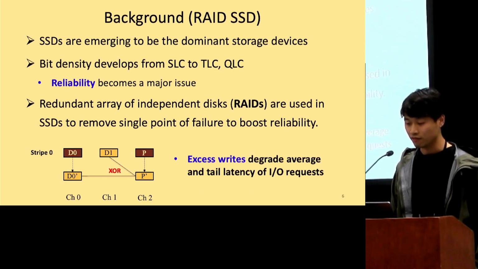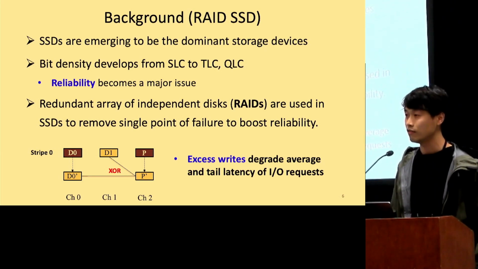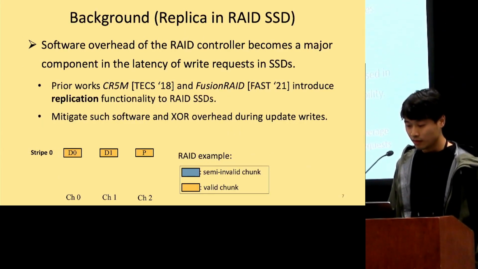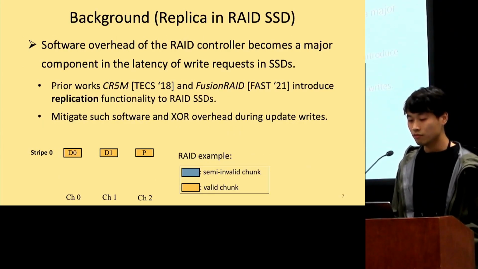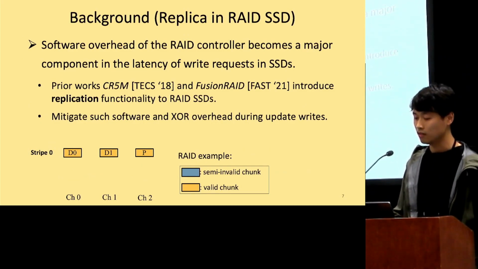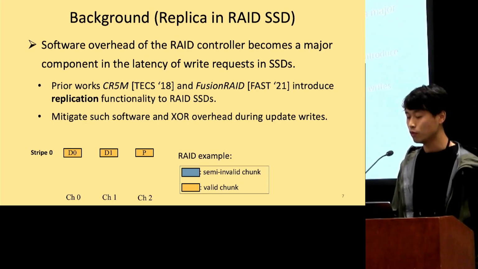So we have 2 write operations to satisfy only 1 write request, which damages the average and tail latency of I/O requests. Besides, the software overhead of the RAID controller becomes a major component in the latency of requests in SSD, which has been verified in previous work.